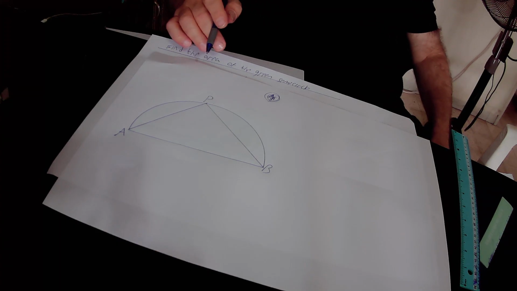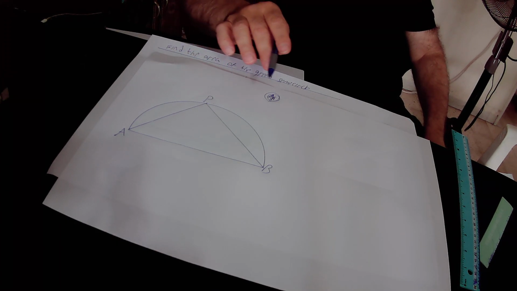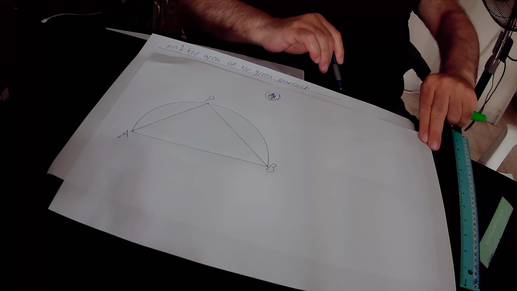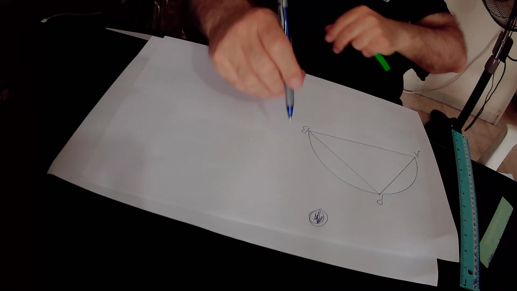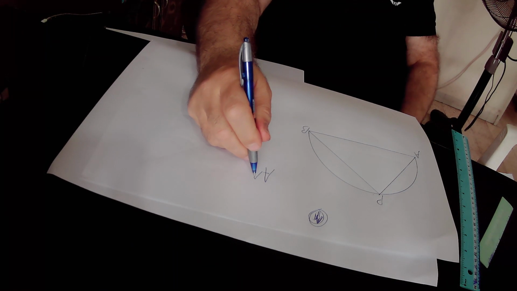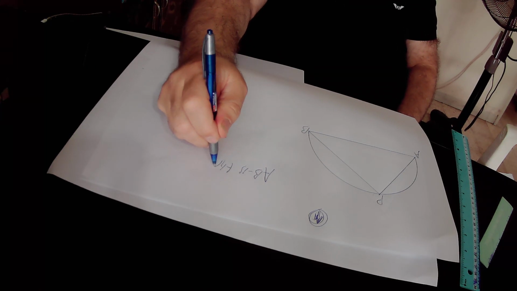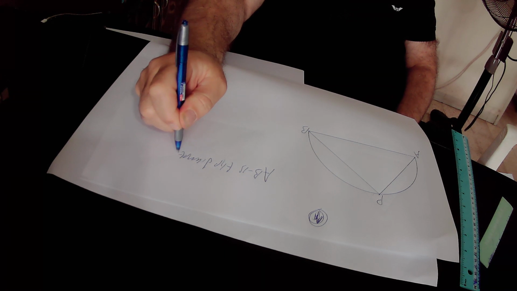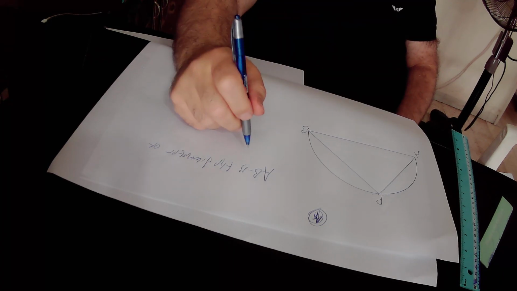We already found out in the first method that AB is the diameter of this white semicircle, so I write it down. AB is the diameter of this white semicircle.